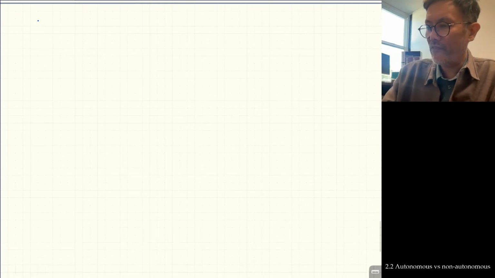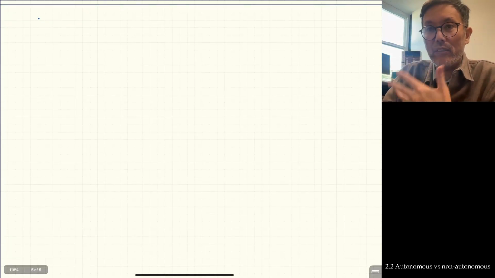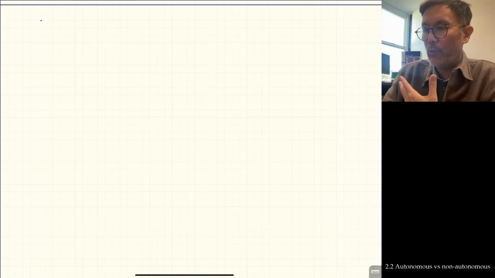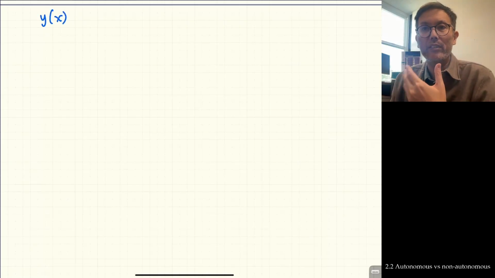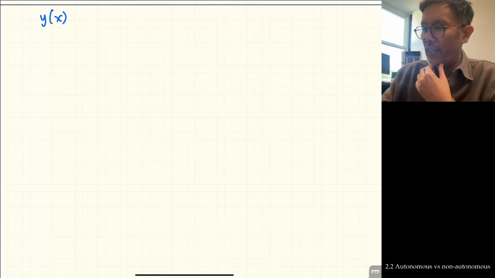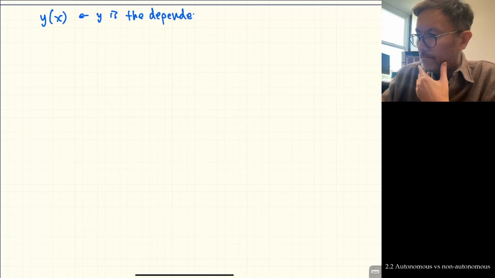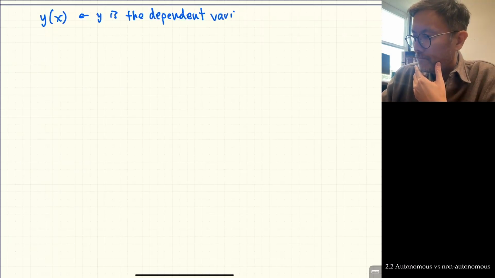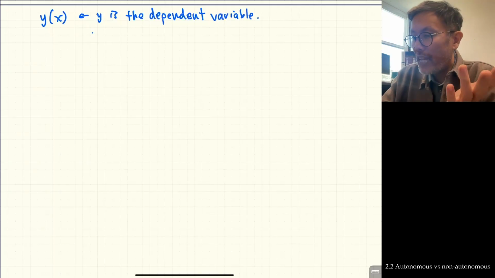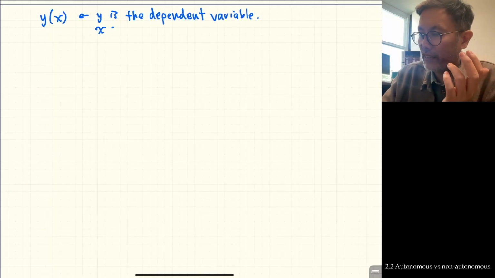Whereas you might have some other variable, which you might call y, which is in fact a function of x implicitly, right? So y of x. So in this case, we say that y is the dependent variable, and it depends on the independent variable x.